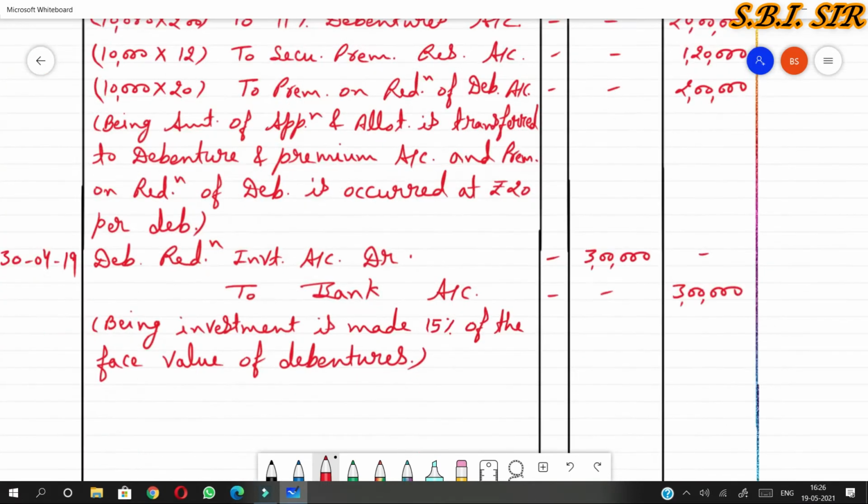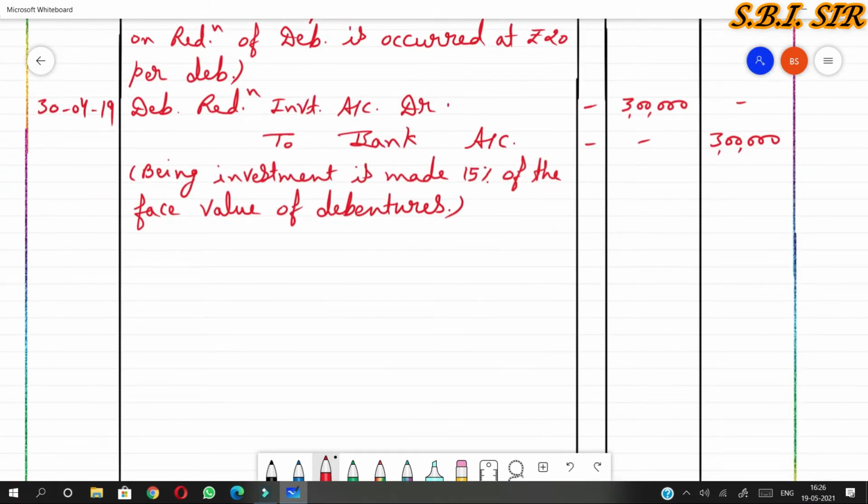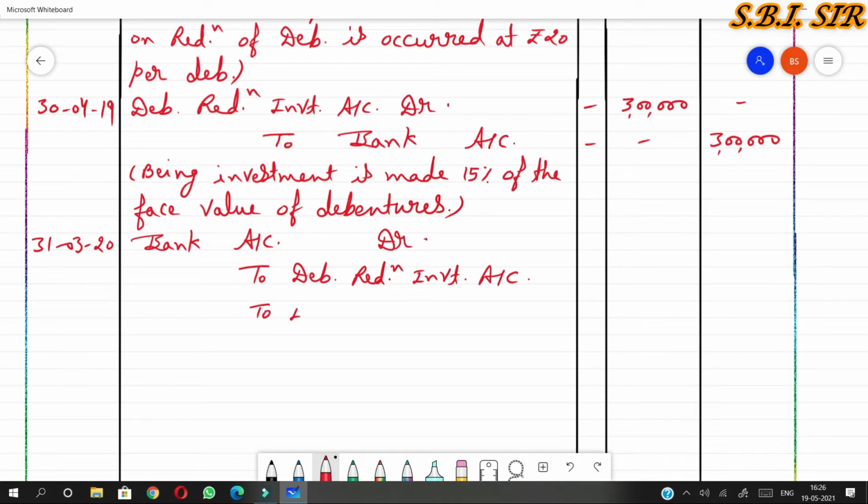So the investments are sold at the time of redemption, means as on 31st March 2020. Then we will sell them, bank account debit to debenture redemption investment account, to interest earned account.